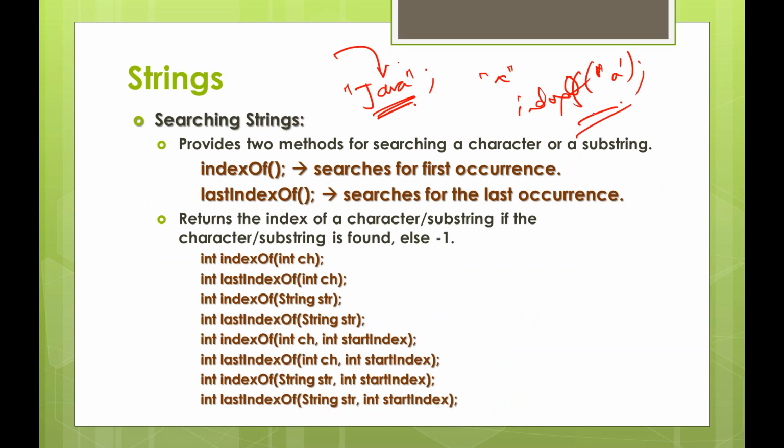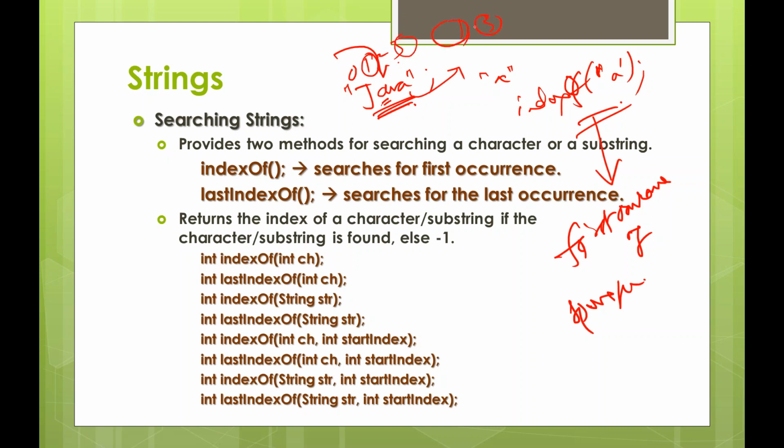This will always return the first occurrence of your specified character. But if you want to find the last occurrence of the specified character, we have two indices here: 0, 1, 2, 3. If you want to search for A, we have two indices here, 1 and 3. Which one do we want? The first index or the last index?